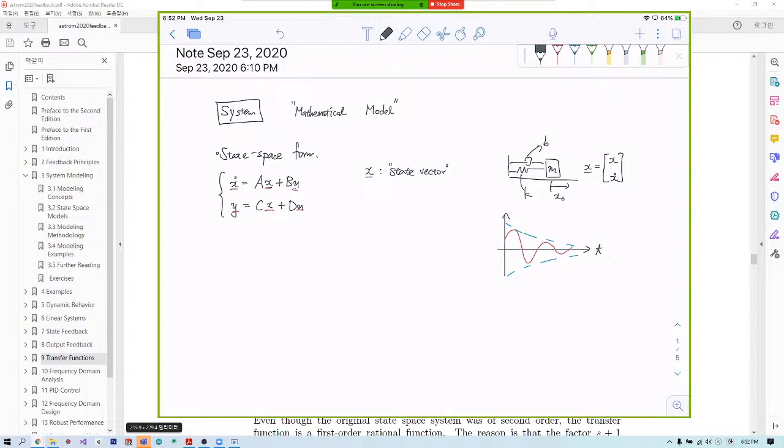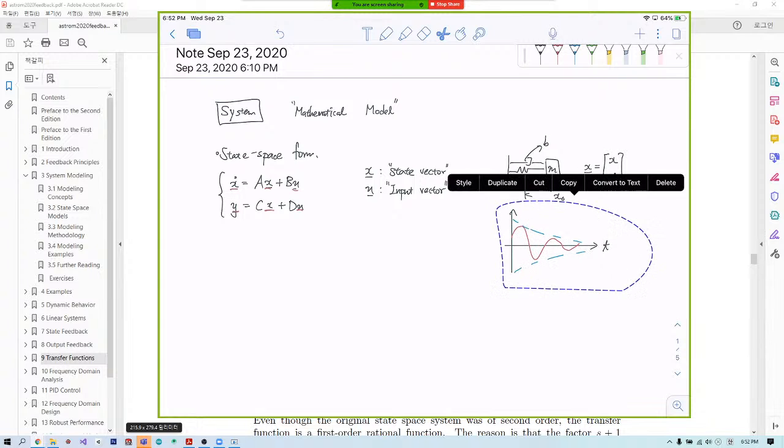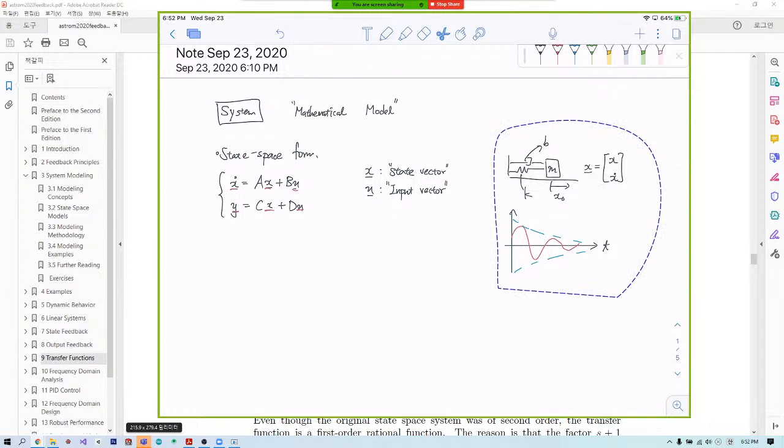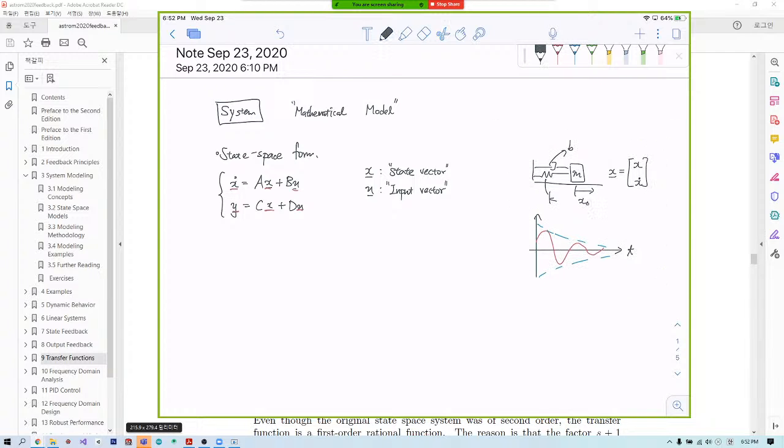Right. And also, u is the input vector. This is something that we can actually take control of, for example, a motor or applied force, things that we can actually change and modify.